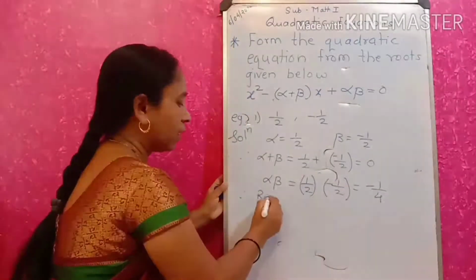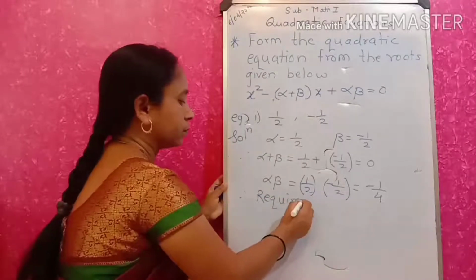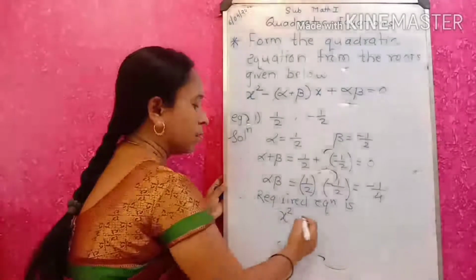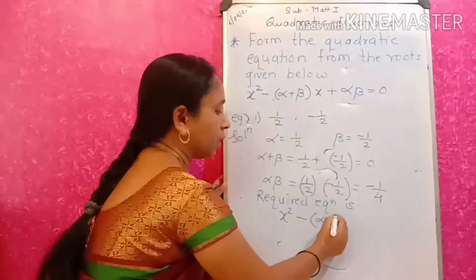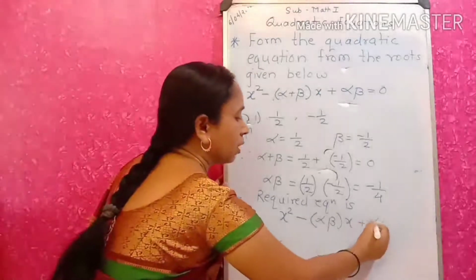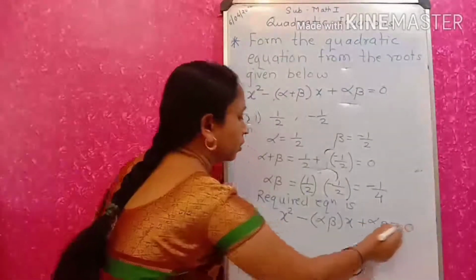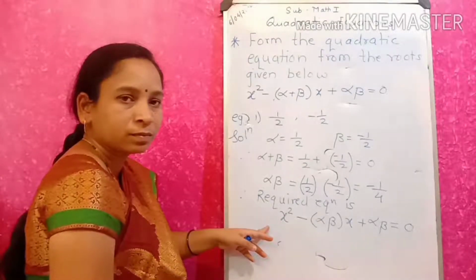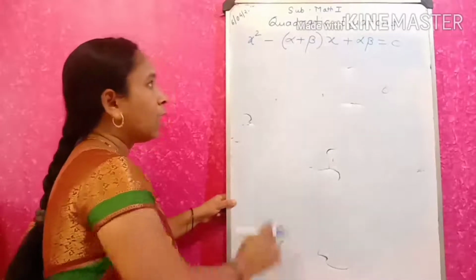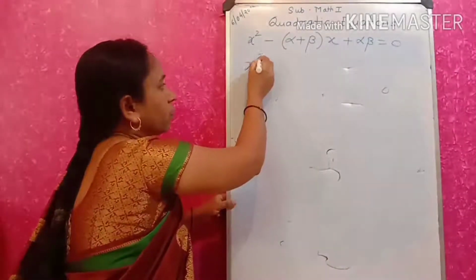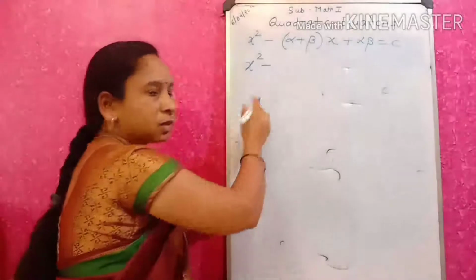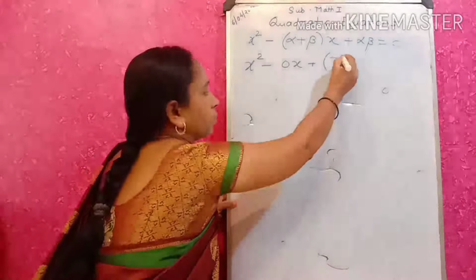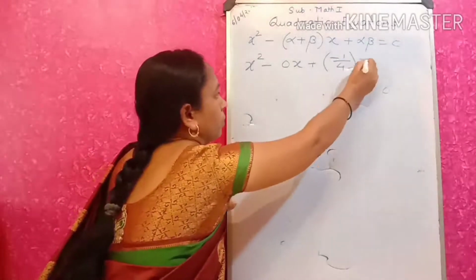Therefore, required equation: x square minus (alpha plus beta) into x plus alpha into beta is equal to 0. We will put the values in this equation. After putting the values, x square minus, here you got the answer 0, so 0x plus, here you have got the answer minus 1 upon 4 is equal to 0.